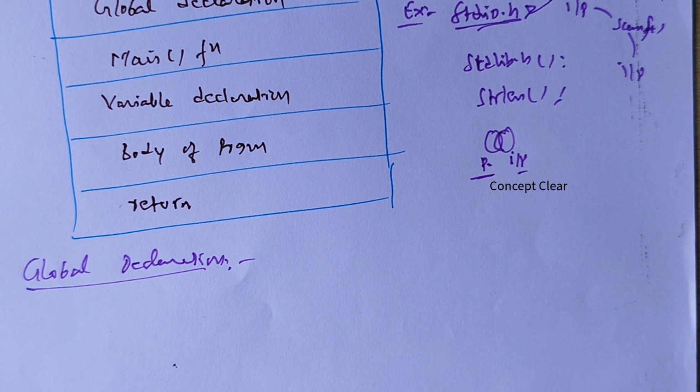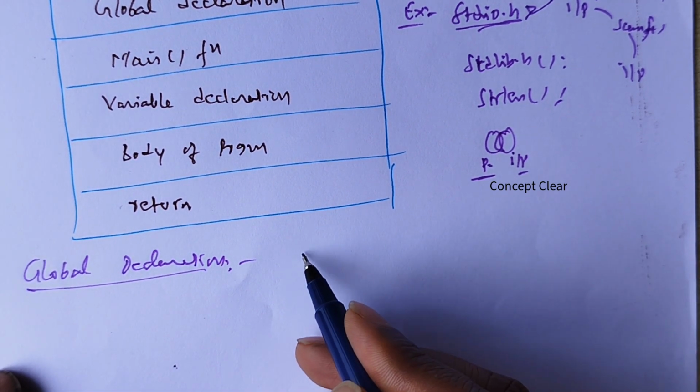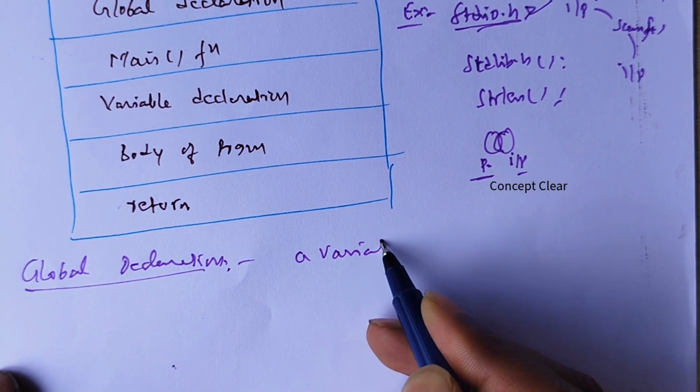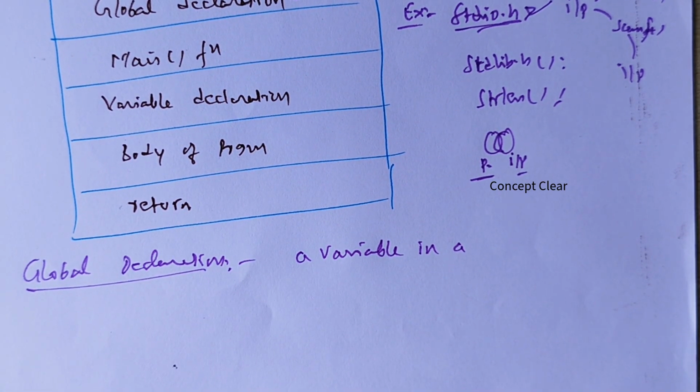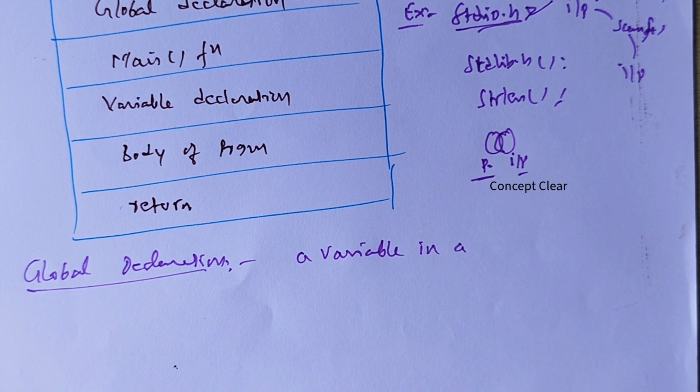When we use a variable inside a program, it should be declared early, and that is called a global variable.